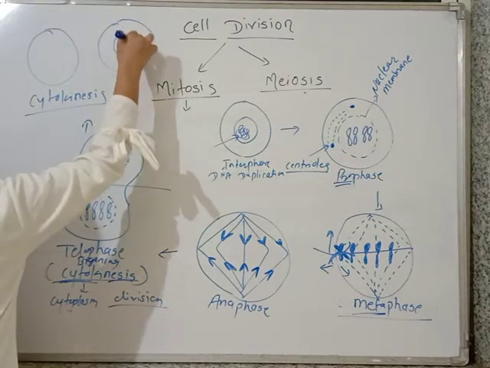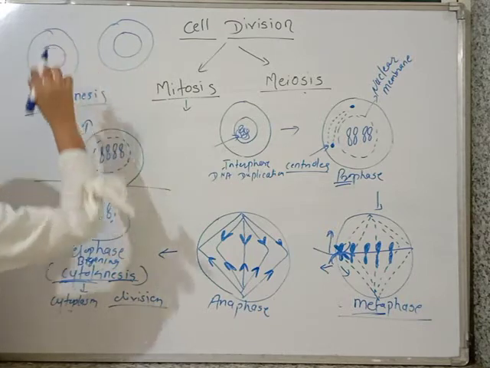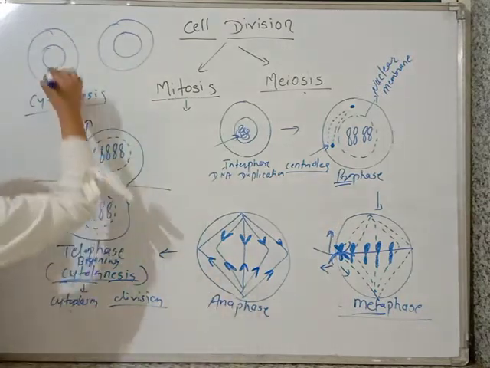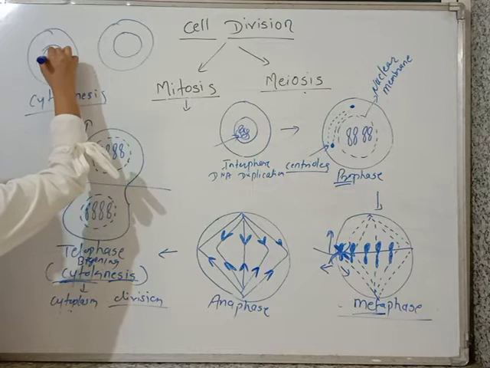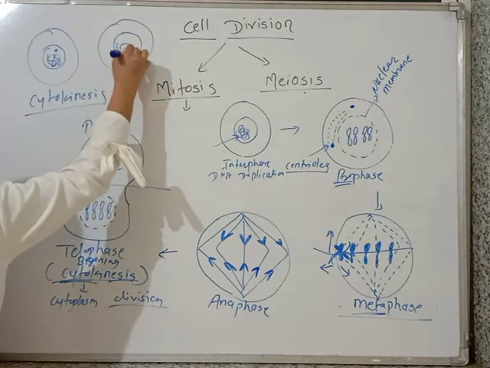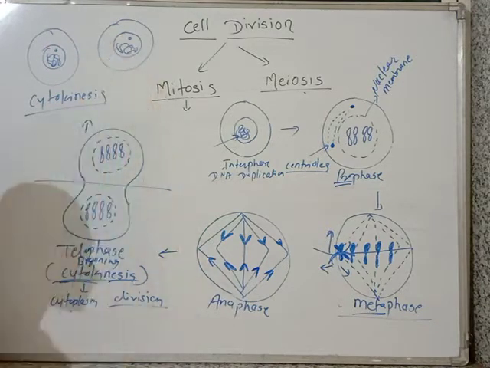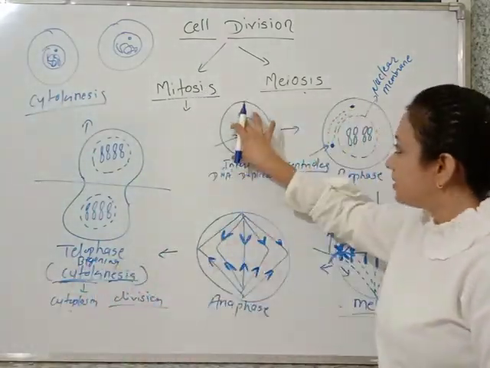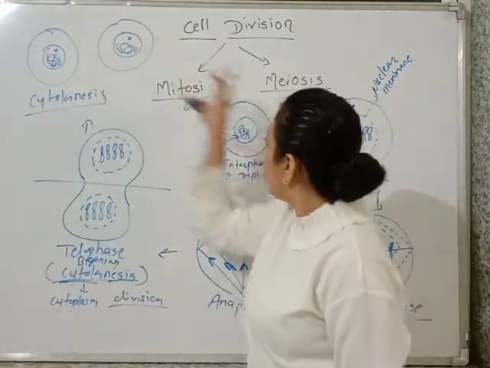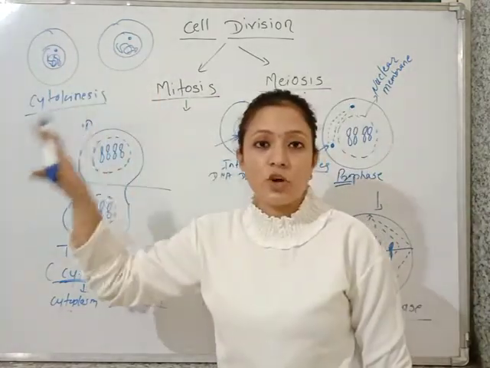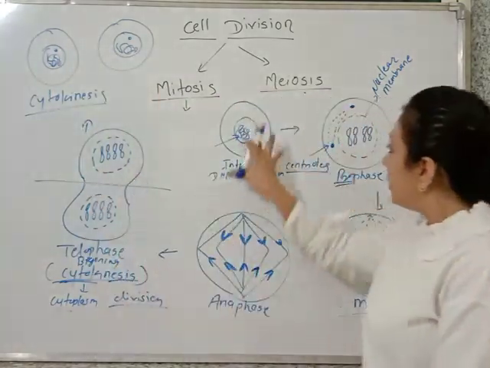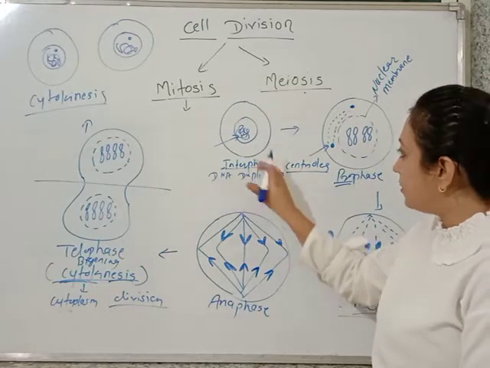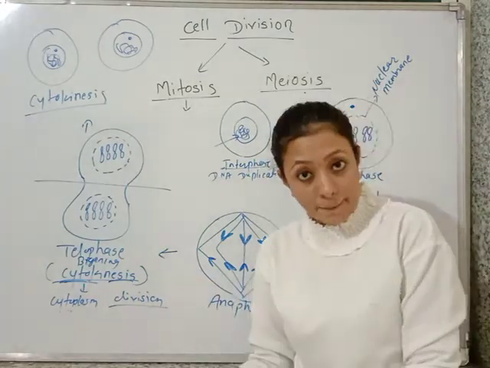The two daughter cells have a clearly visible nuclear membrane and chromatin, and have an equal number of chromosomes as the parent cell, because in the first stage of cell division the nuclear content gets doubled.